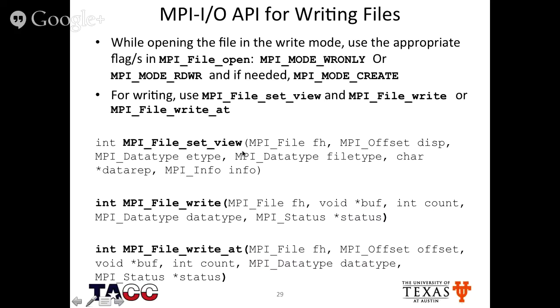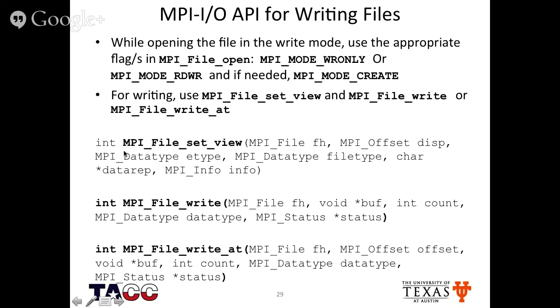So let's look at the syntax of set view. I know this could be very boring, but just bear with me till we go to the next interesting example. So here, file set view takes a few arguments. It takes the file handle, the offset, the data type, and the file type. And that is interesting, and we'll talk about that soon. And then it takes the data representation, and then it takes the MPI info object as its argument. Okay? And I'll explain those to you as we progress through future slides.